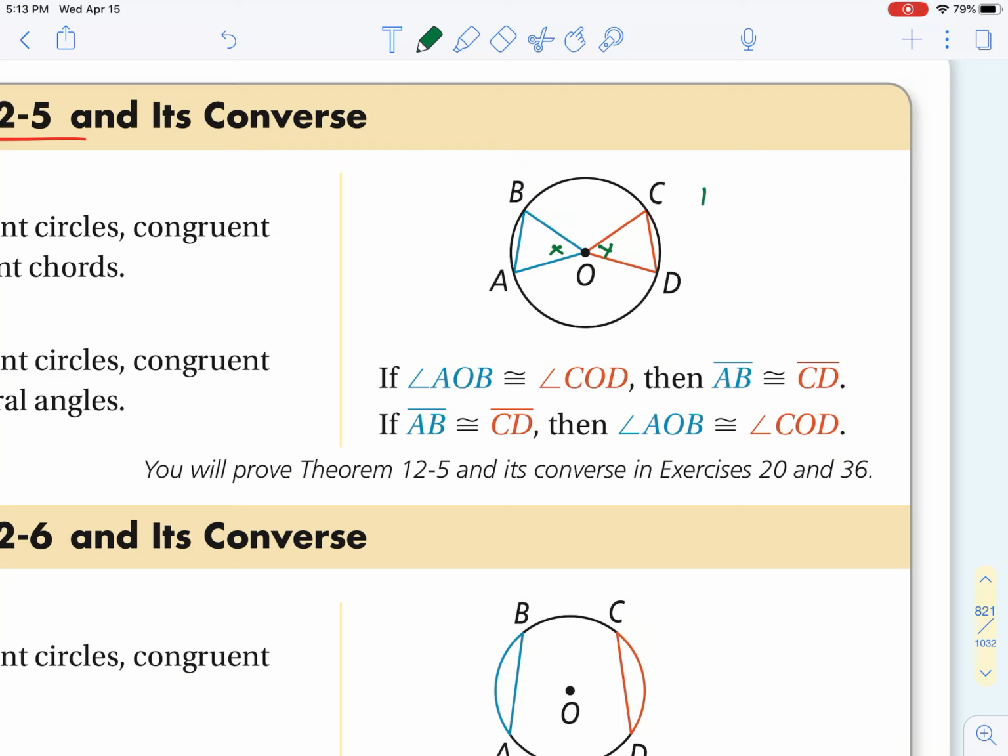So if, again, we know that angle x is congruent to angle y, then we know what? I'm sure you guys are thinking that. The arcs, oops, not the arcs, the chords are also the same. So the chords created by those lines are also the same.